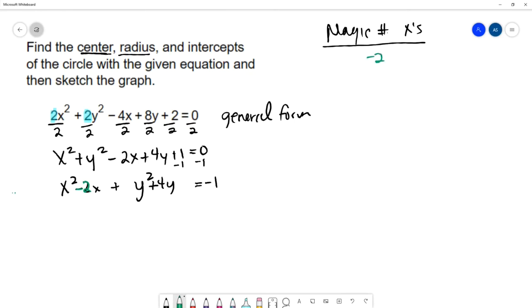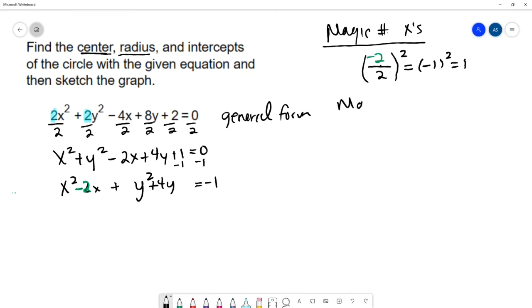And so what we do is we start with the coefficient of the x term. We start with -2. Oops, I'm sorry, I misspoke there. We start with -2, and we cut that number in half and then we square it. -2 divided by 2 is -1, and -1 squared is 1. So our magic number for the x group is 1.